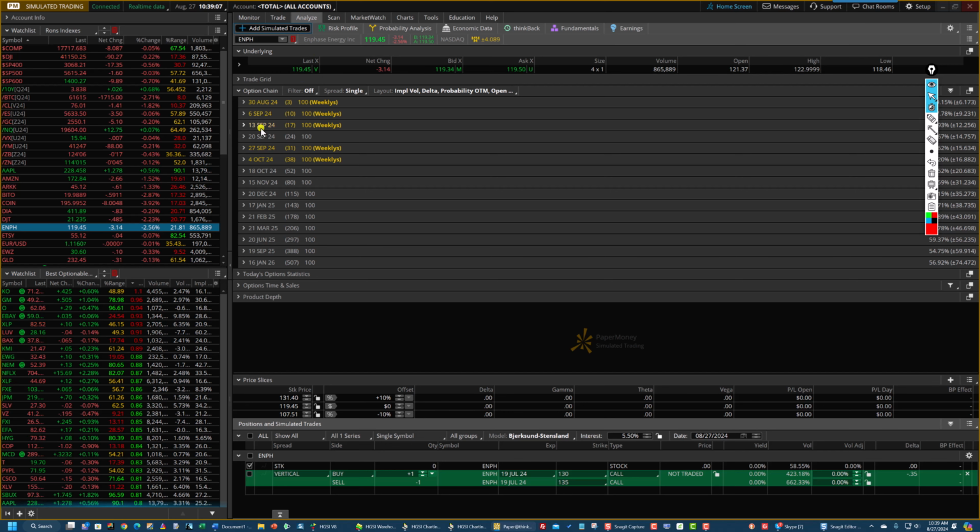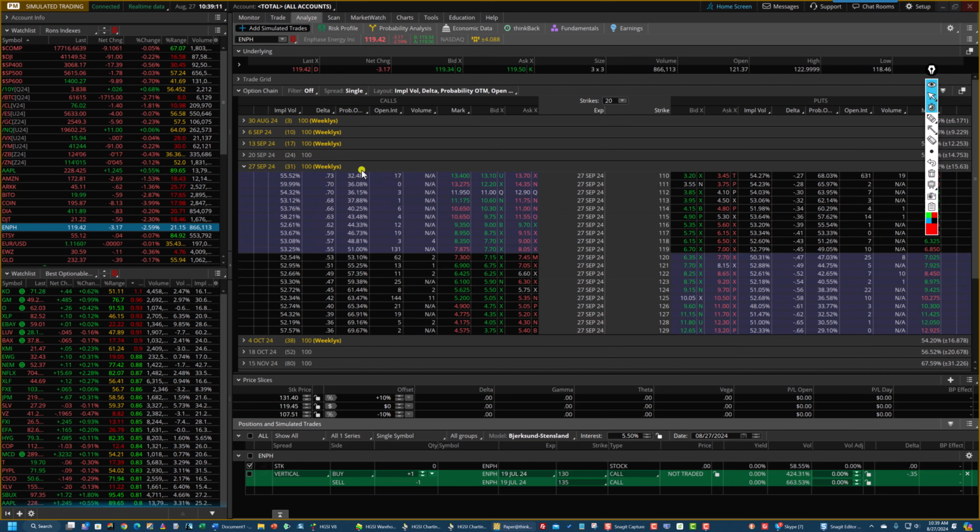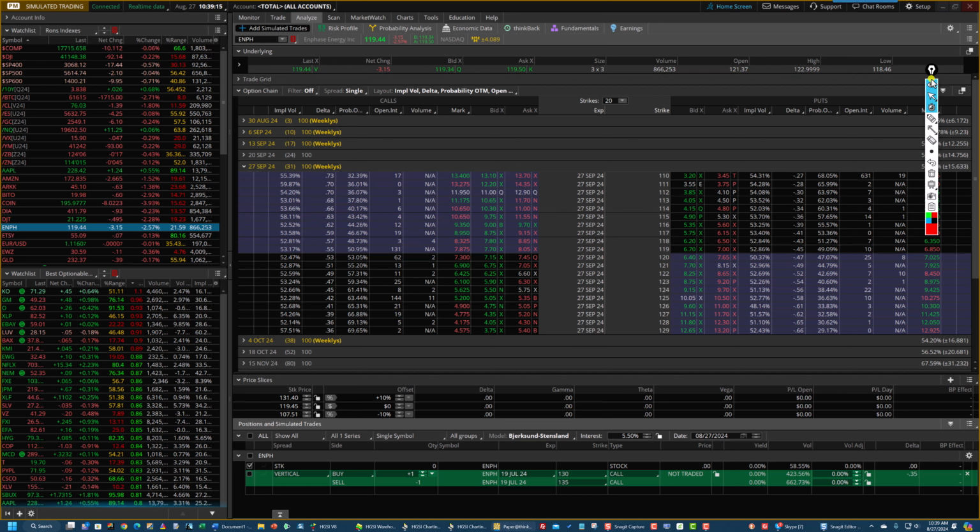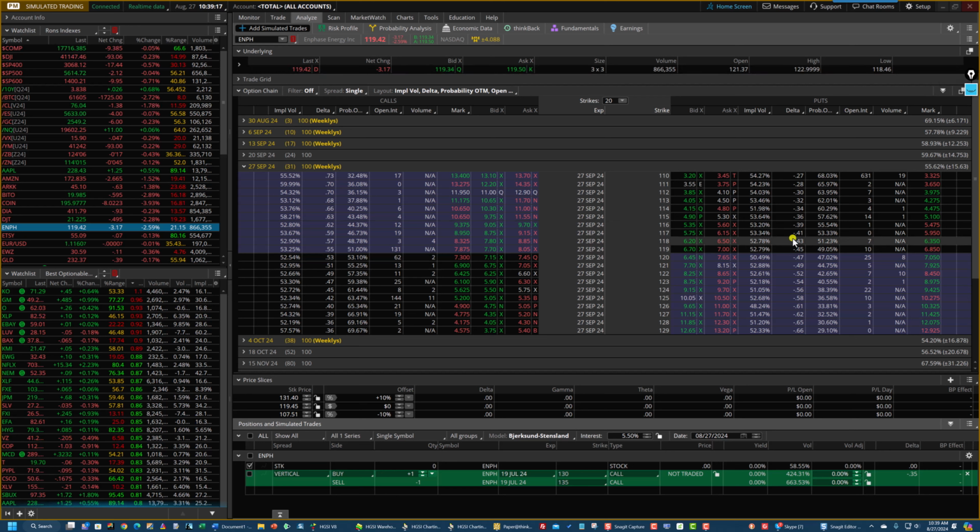I'm going to go in and analyze. I want to go out about a month and see what's available, see what we come up with here. So I'm looking for a spread, a debit spread. I'm going to hold down my control key.